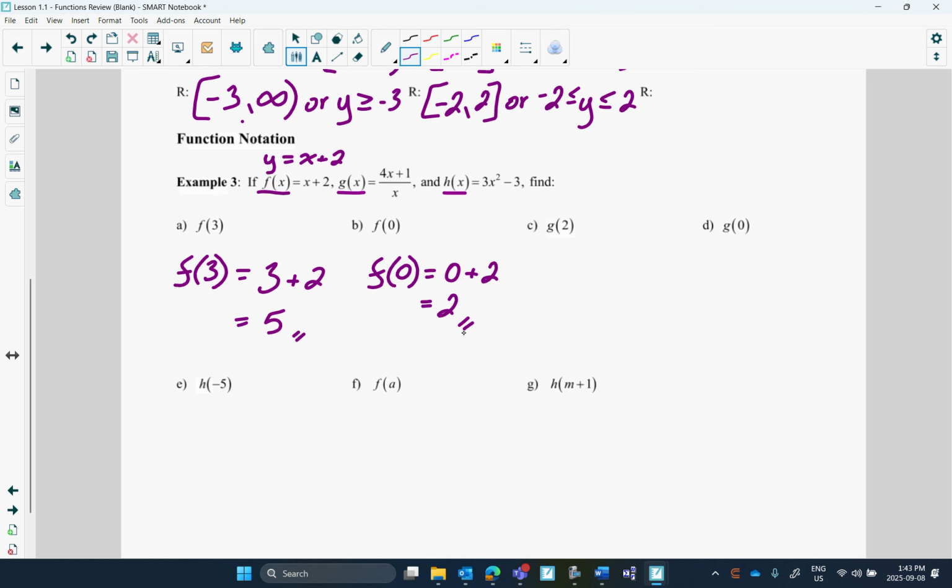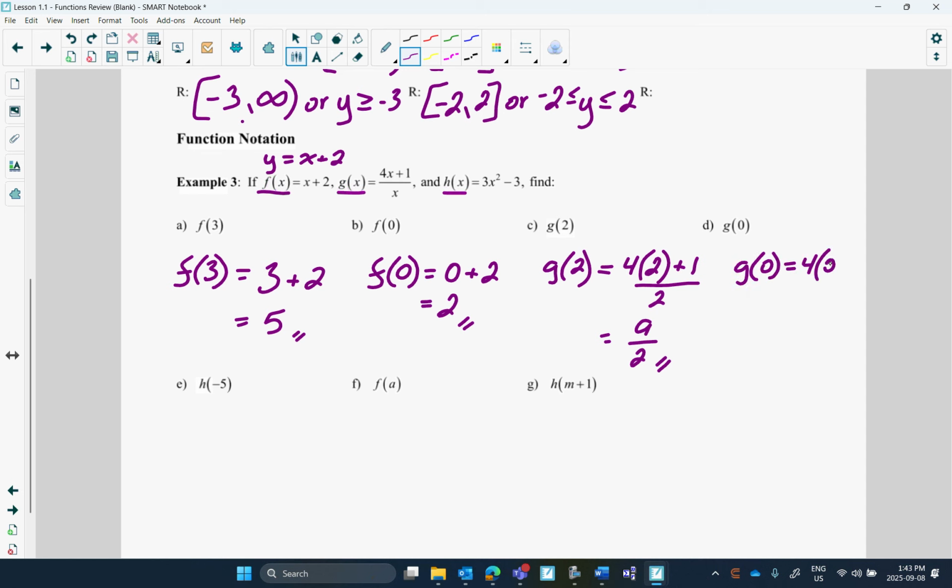g of 2. Well, every time you see an x, replace it with 2. And you get 9 over 2. Which you don't have to change. Don't change it to decimal. Don't change it to a mixed number. Leave it as a fraction. g of 0.